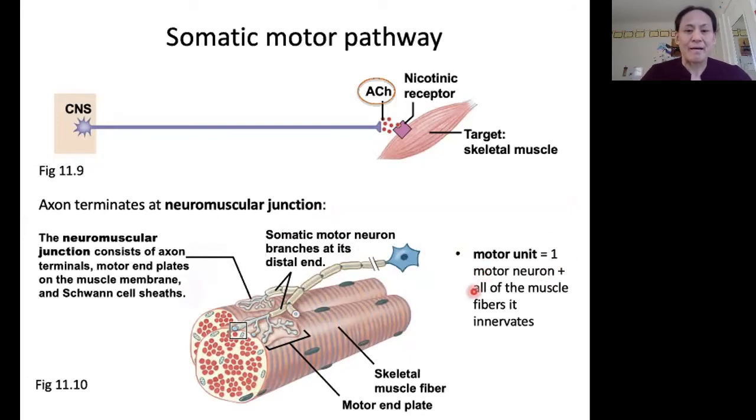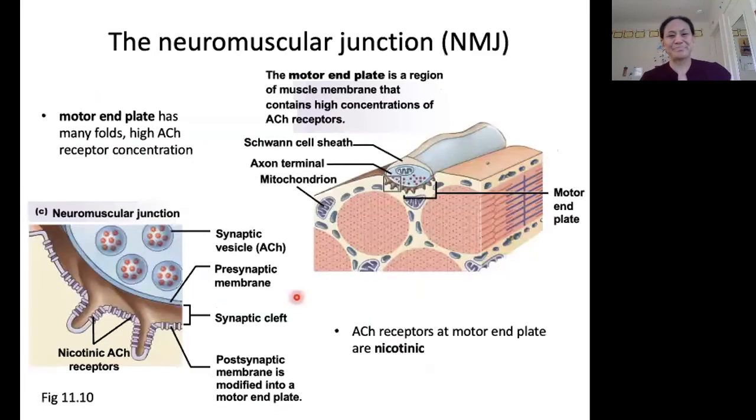We'll talk about that some more in our muscle unit, which is coming up next. Motor units can vary in size. You can have one motor neuron controlling just a few muscle fibers, or one motor neuron controlling hundreds of muscle fibers. We'll talk about the significance of that when we get to our muscle unit.